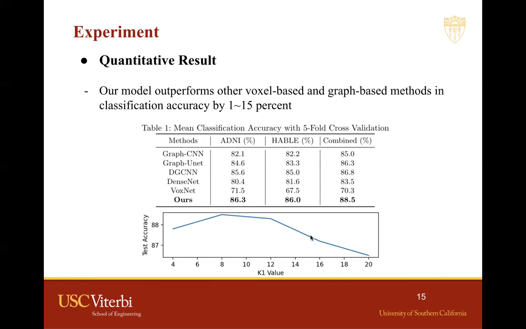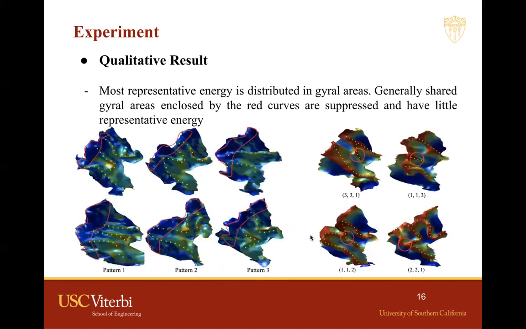As in the figure below, we also found the best size of the neighborhood construction. With a larger size of the neighborhood, the encoder takes a larger field of view, and the performance declines more. This verifies that the local features are critical to accurate classification in this task. Here I show the energy maps that are calculated by the last encoder.